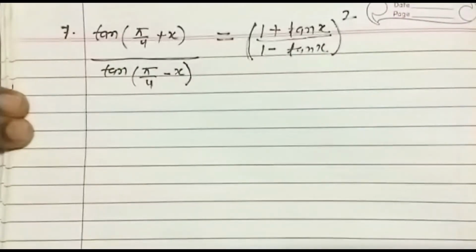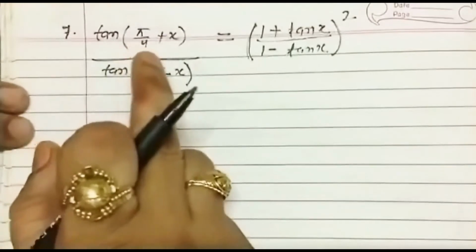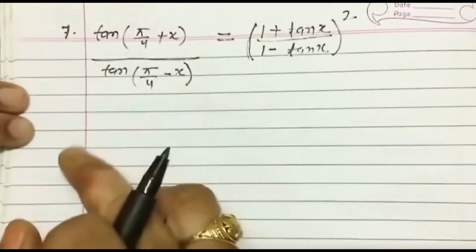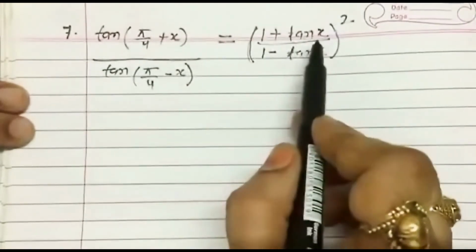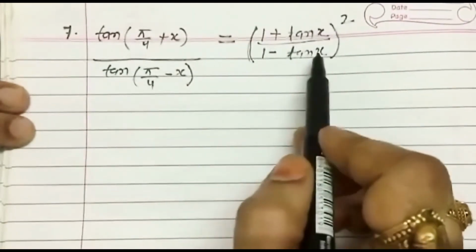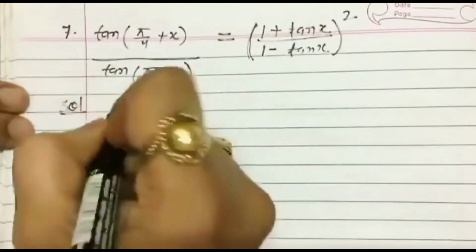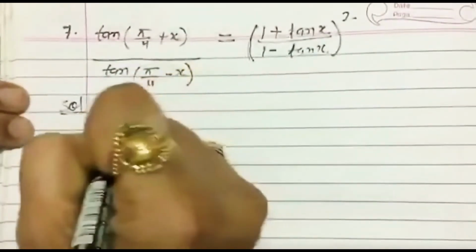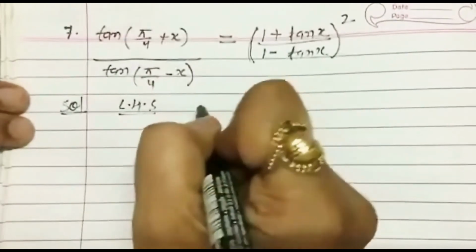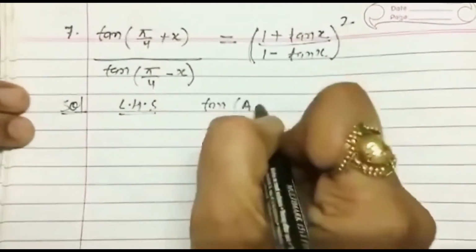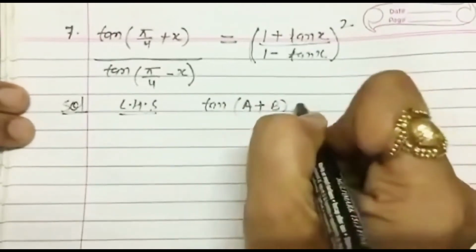Next question, prove that tan(pi by 4 plus x) upon tan(pi by 4 minus x) is equal to ((1 plus tan x) by (1 minus tan x)) whole square. So for this question, in LHS, apply the formula tan(a plus b) in the numerator.